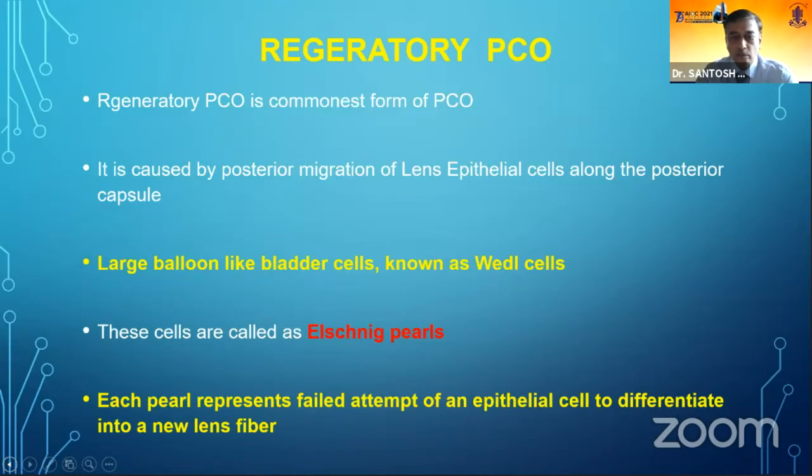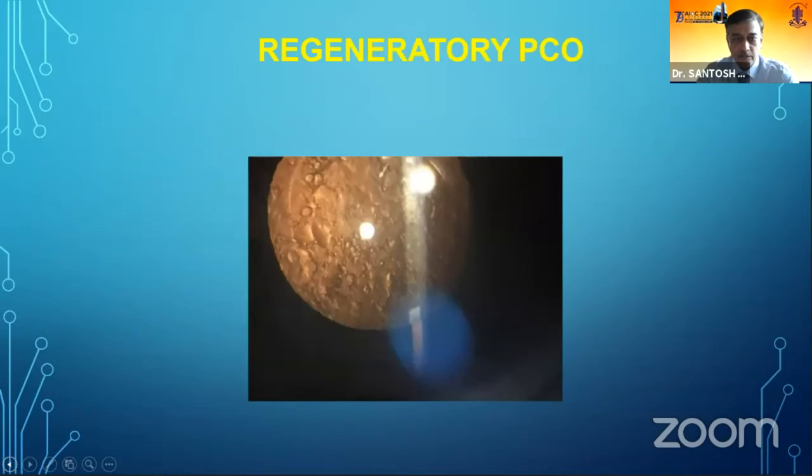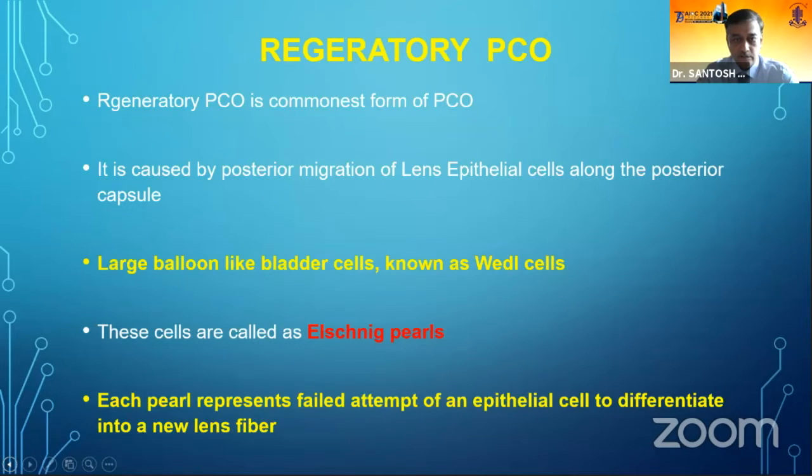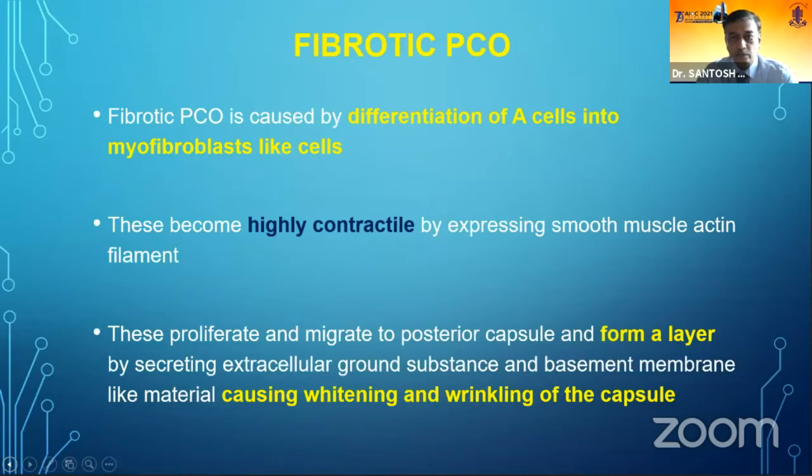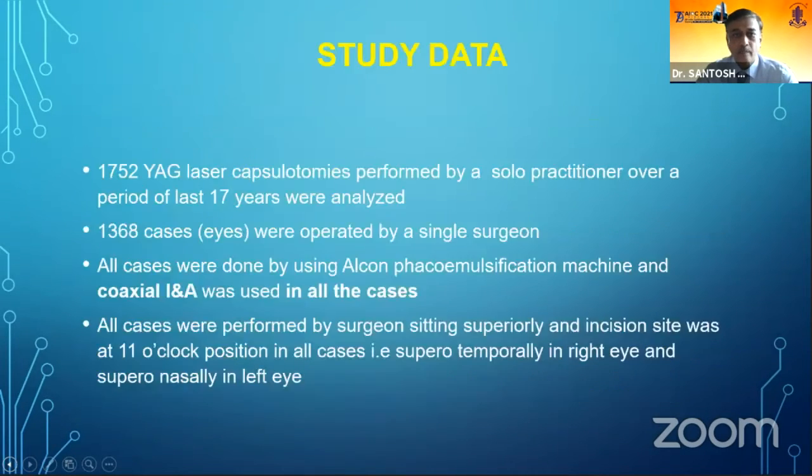They form large balloon-like bladder cells, also known as Wedl cells, or Elschnig pearls, which represent a failed attempt of an epithelial cell to differentiate into lens fibers. Here we can see the Elschnig pearls in the photograph. Fibrotic PCO is differentiation of a cell into a myofibroblast-like cell, which is highly contractile. It forms a layer of extracellular ground substance, basement membrane-like material, causing whitening and wrinkling of the capsule.